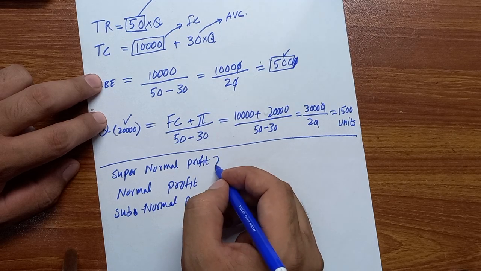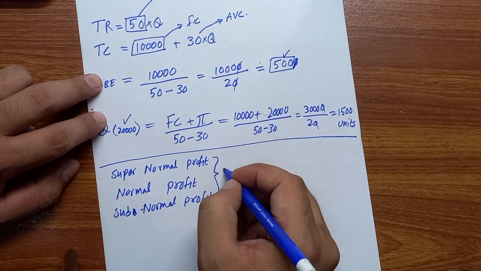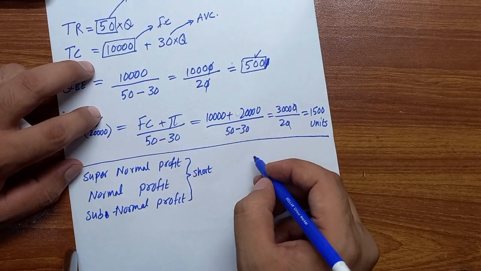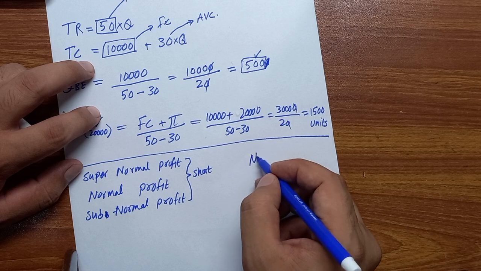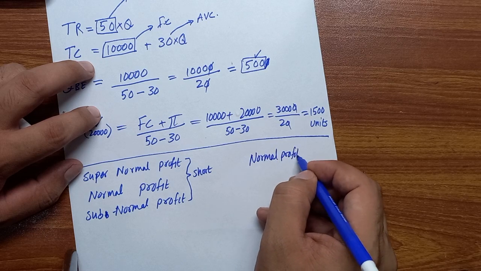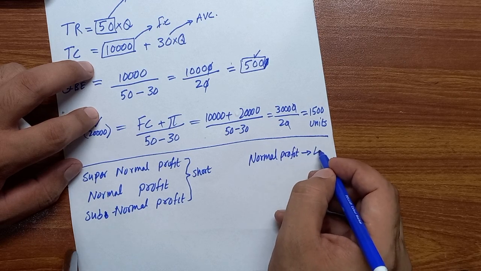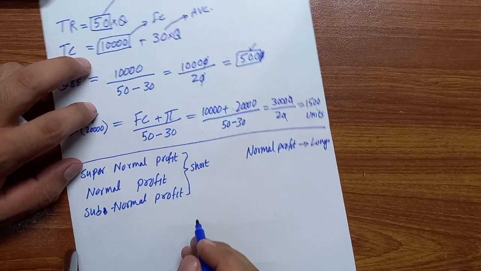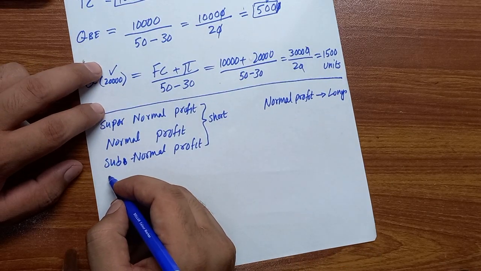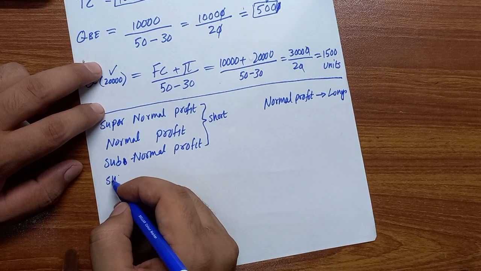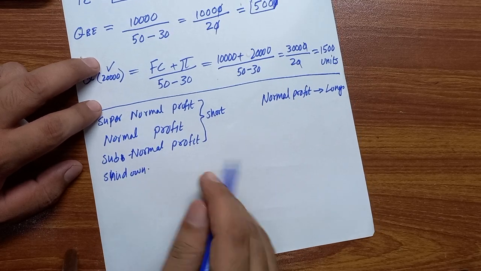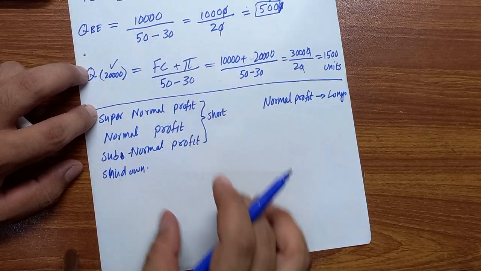These are all available in the short run, but in the long run we have only normal profit. We also have shutdown here. So I want to draw graphs for all of these.